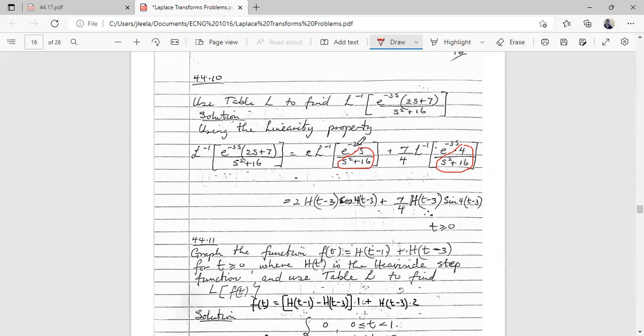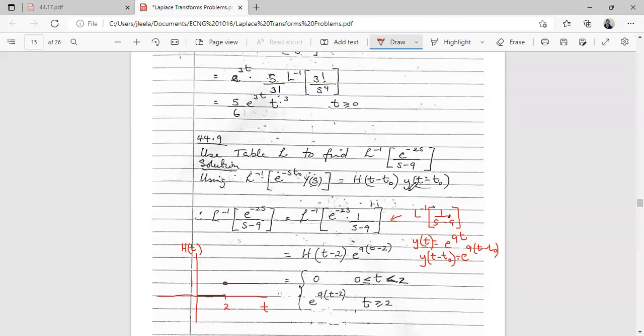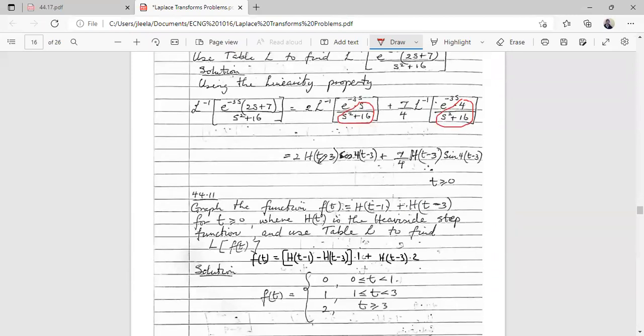So here now, my t naught is what? 3. So it will be 2 times the Heaviside at t minus 3. That is the same rule we're using from up here: the Laplace inverse of e to the minus s t naught, and your t naught is 3 here. So you're taking 2 multiplied by the Heaviside at t minus 3, and then your function at t minus t naught.